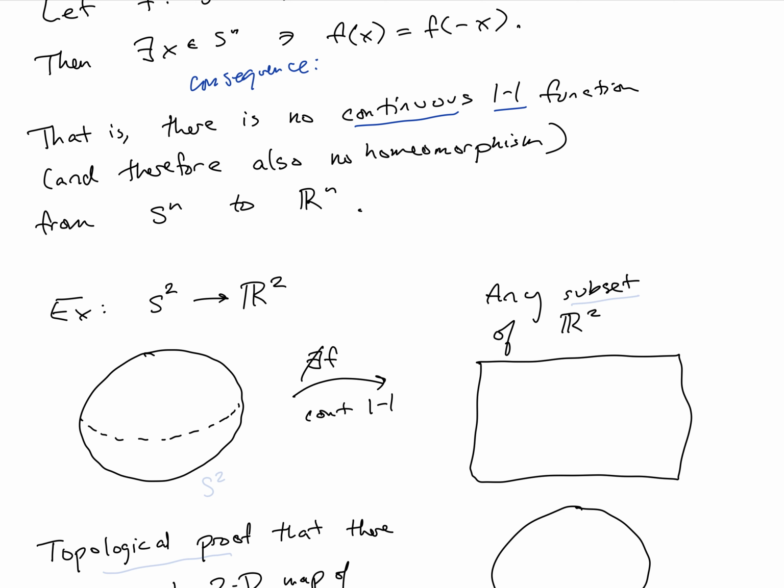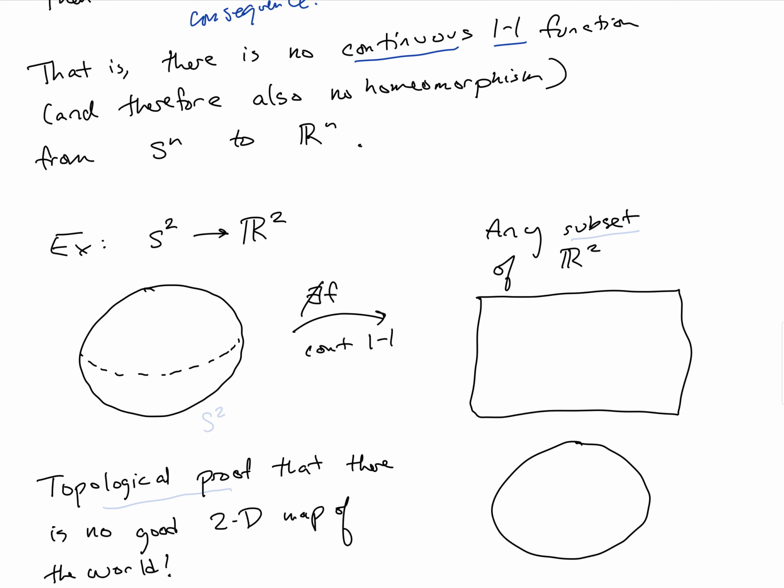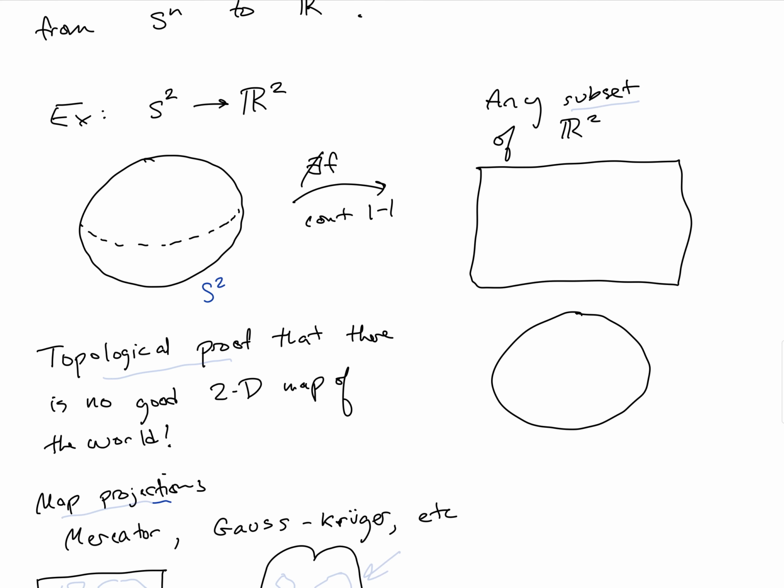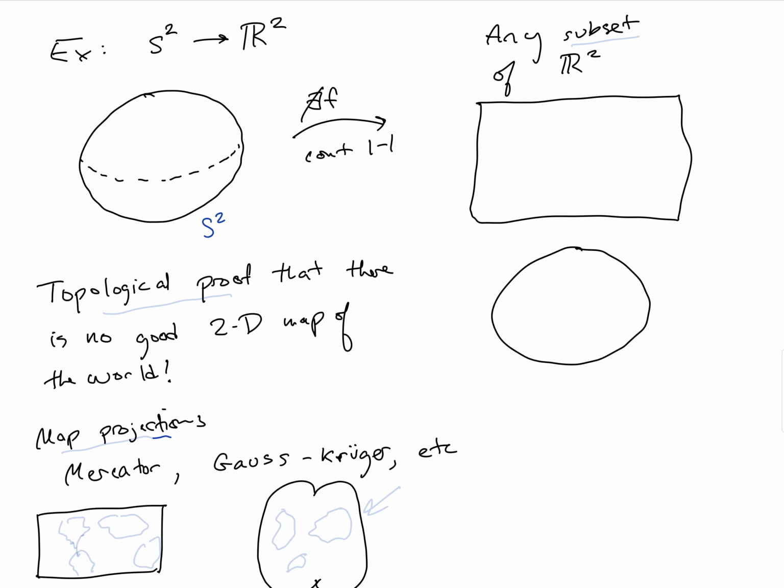That's saying, for example, if we were looking at mapping S^2 to R^2, so S^2, that's the hollow sphere, and R^2, just the Cartesian plane. Again, it doesn't have to be onto, so we can talk about any subset of R^2. Then there's no continuous one-to-one function that maps S^2 to R^2.